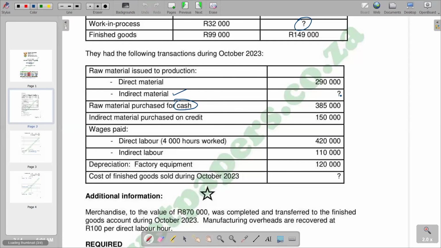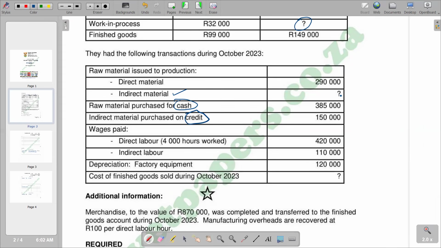Then we move on to the next one, which is indirect material purchased on credit. So when it's purchased on credit, it means it's involving the creditors control. So what is going to be credited is creditors control, and then we debit the raw materials control with 150,000, and then we credit creditors control.